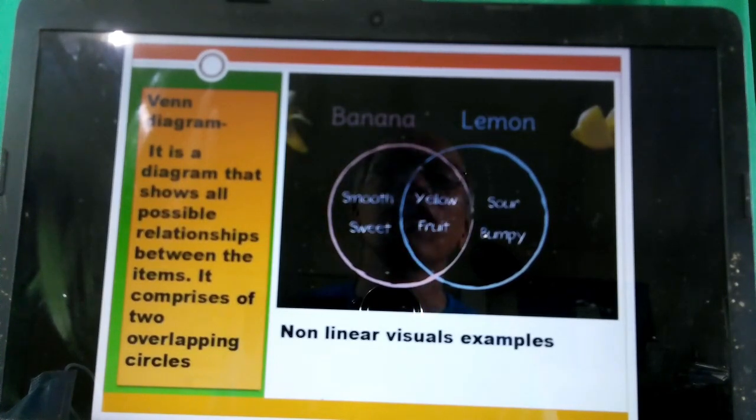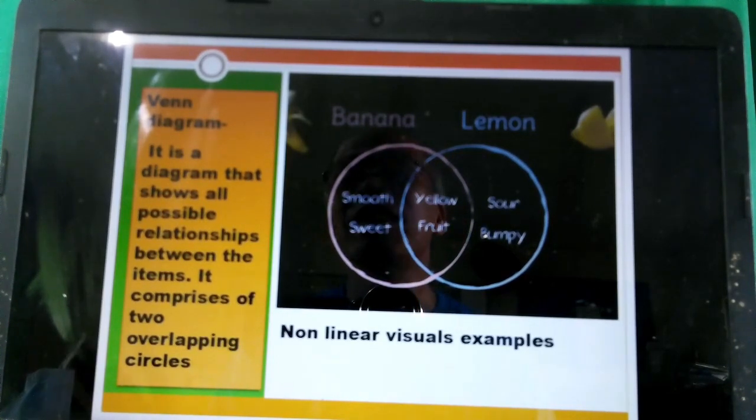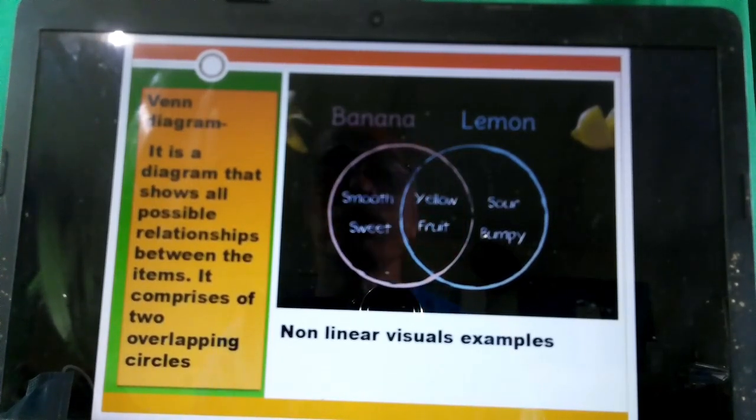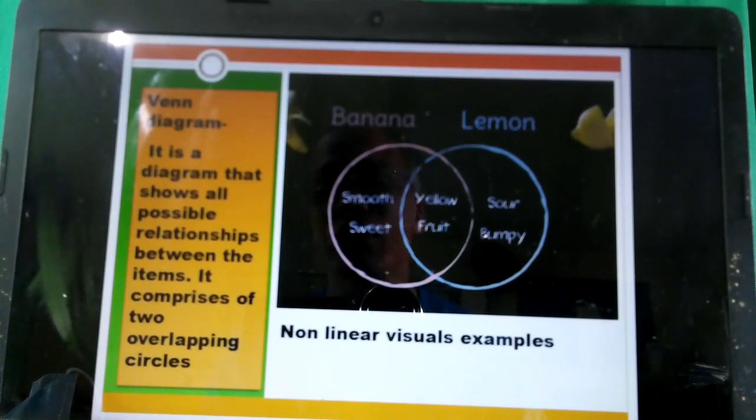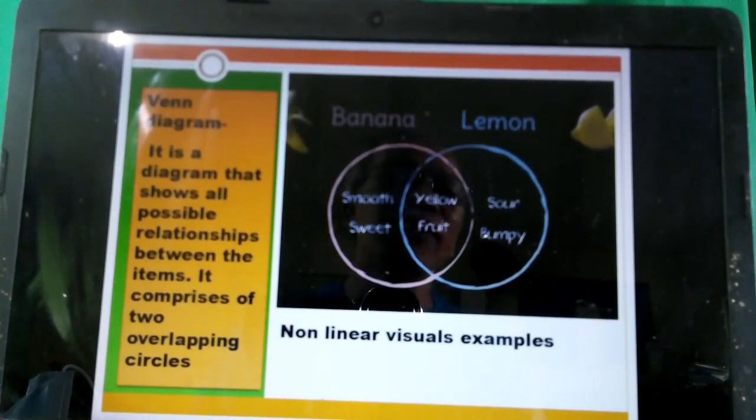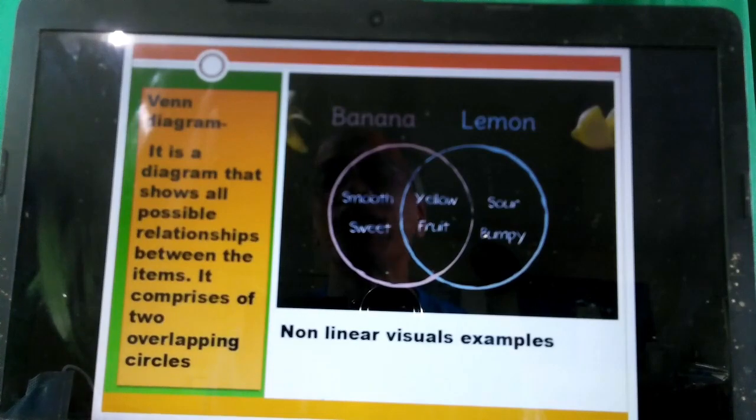So to think of this example of the nonlinear visual, you see that this can be used to find out the differences and the similarities of two things, or two areas or categories, as mentioned, as learned.